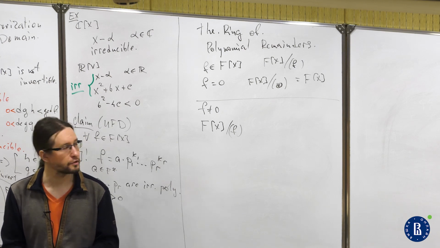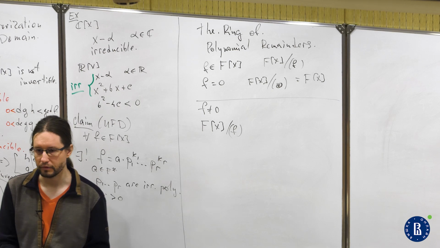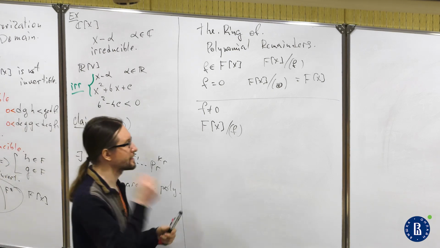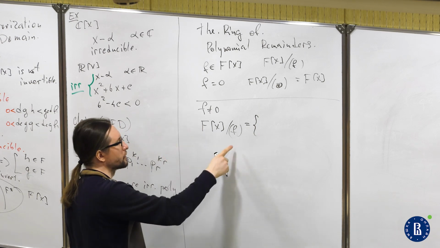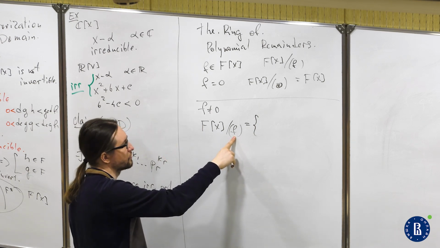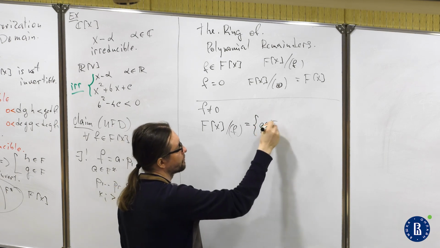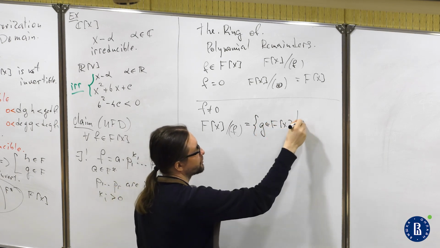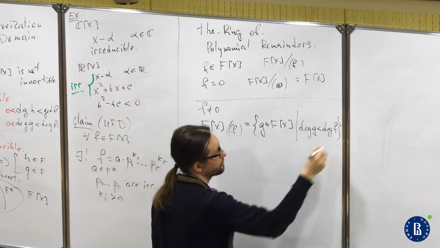But first of all, let me produce the set, the addition, and the multiplication. As the set, this thing consists of all the polynomials of degree strictly smaller than the degree of f. So this is the set of all polynomials g from F[x] such that the degree of g is strictly smaller than the degree of f.